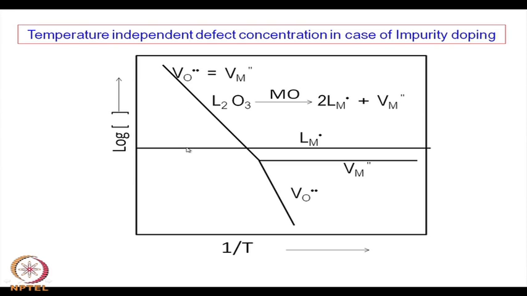So, if you plot the log conductivity versus 1 by T, like in other semiconductors, here also you have an extrinsic region and an intrinsic region, and the slope does change.